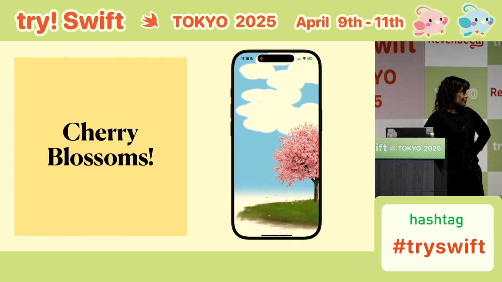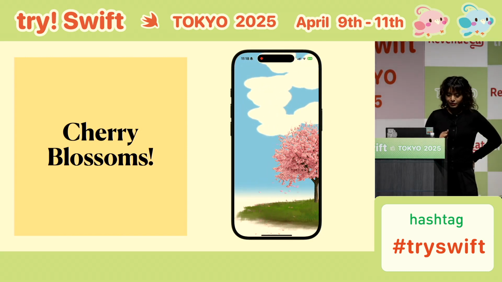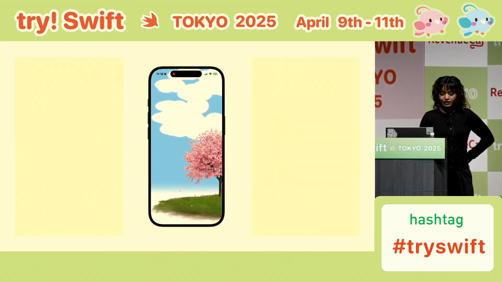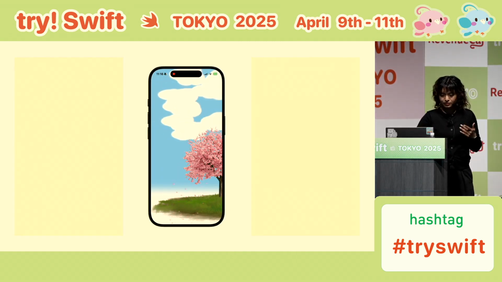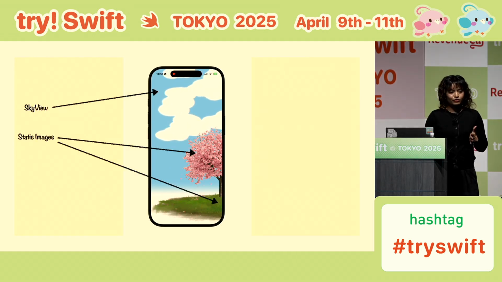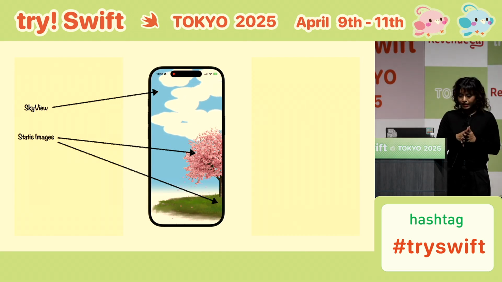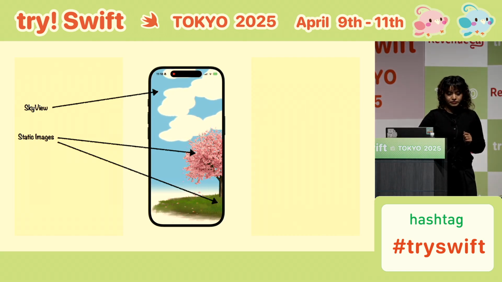So yeah, my main purpose of building the cloud view was to build this animation, especially for this occasion. I'm going to first try to break it down into different components so that you can understand what's going on. The background is, of course, the sky view. The tree and the patch of grass, which looks like land, are basically a static image, so nothing interesting.